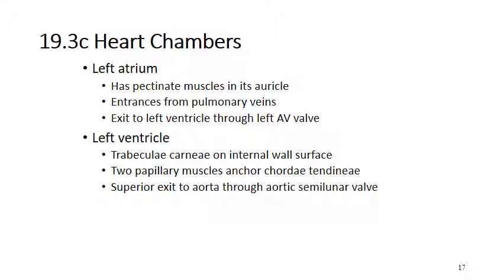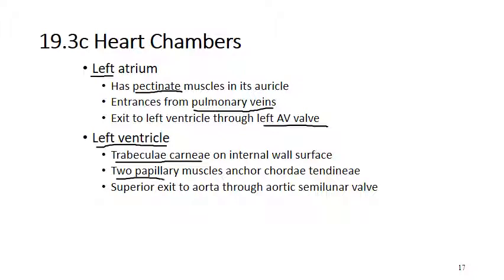All right, so the left atrium also is going to have pectinate muscles in its auricle. It's going to have the pulmonary veins entering into that left side, and it's going to exit into the left ventricle through the left AV valve, also known as our bicuspid or our mitral valve. And then our left ventricle, again, is going to have the trabeculae carneae on the internal wall surface, so just those ridges.